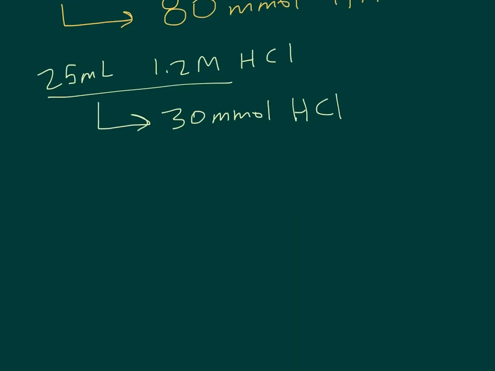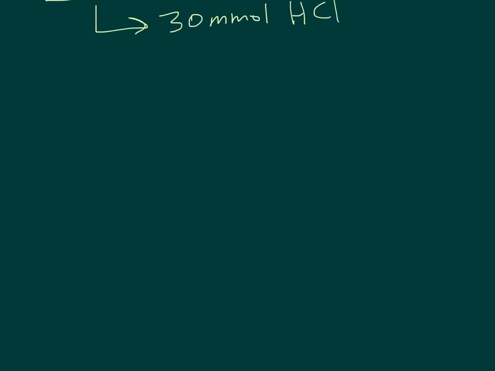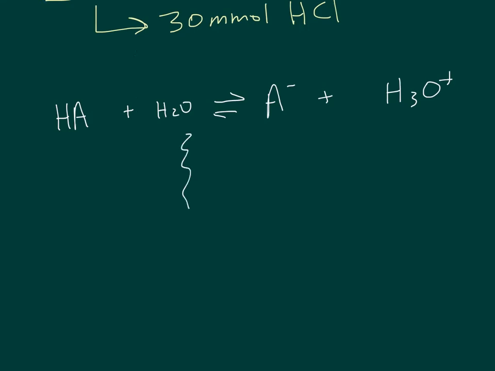Alright, so let's get this set up to handle a buffer problem. I have HA plus H2O in equilibrium with A- plus the hydronium ion. And I'm going to work with my I row here. First of all, I recall that I initially had 80 millimoles of HA, and we're going to be in some total volume here. I'm forgetting right now, I didn't write it down.